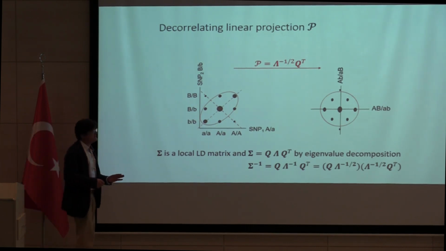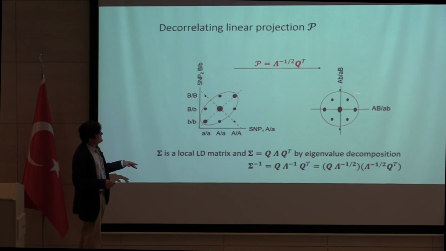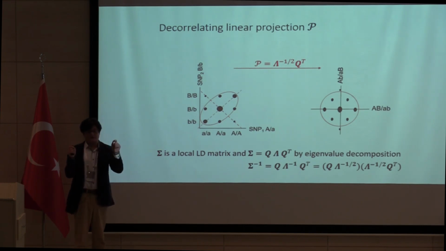But the basic idea is that as soon as I do this orthogonalizing transformation, every individual doesn't get allelic dosage, but gets a linear combination of allelic dosages. And what I didn't realize is that it doesn't only decorrelate allelic effects, but it also decorrelates noise.